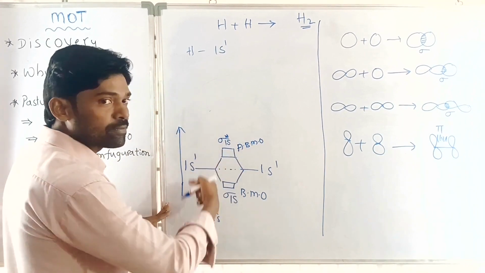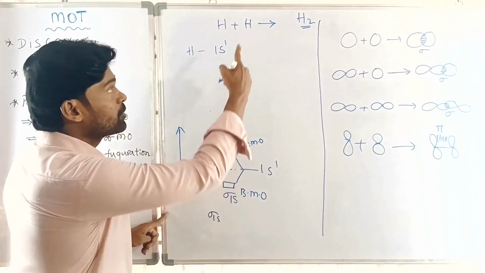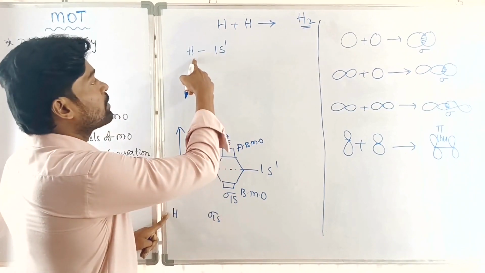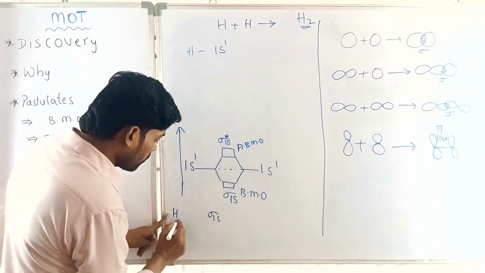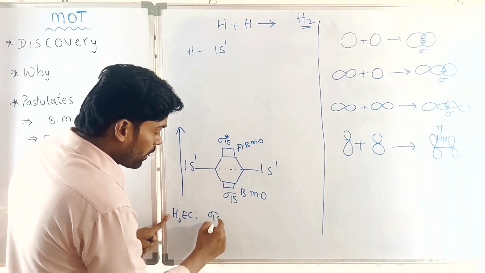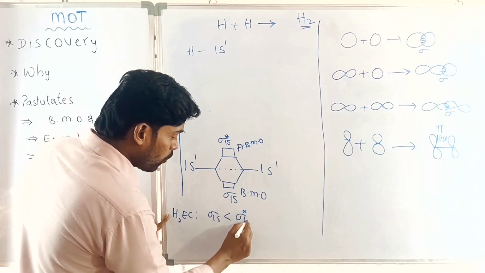These are the energy levels. Coming to the electronic configuration of the H2 molecule. In an atom, the electronic configuration is 1s1. In the H2 molecule, it is sigma 1s less than sigma star 1s.